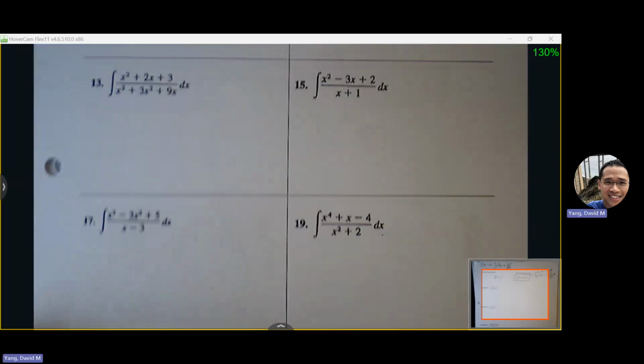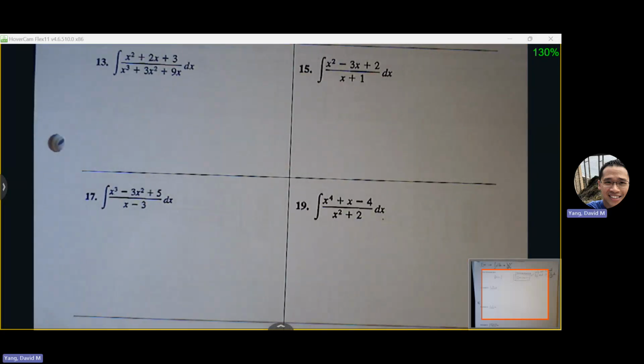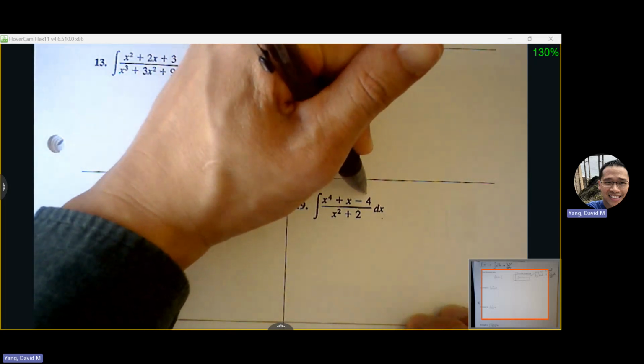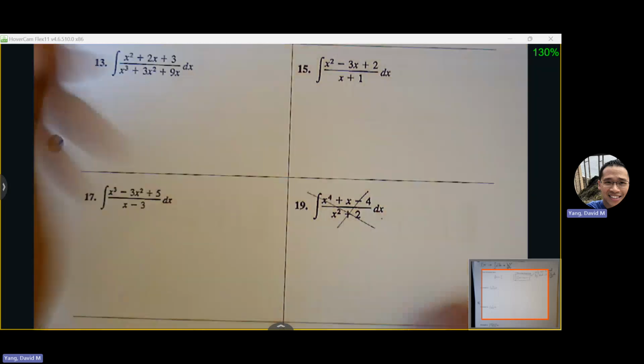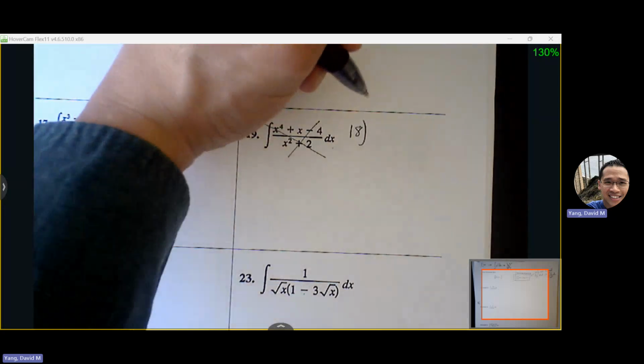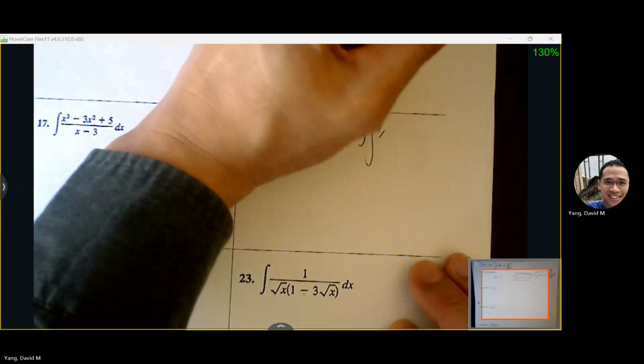And then there's one problem that I realize is not fitting for our homework. So if you can cross off number 19 and replace it with number 18. Here's number 18.